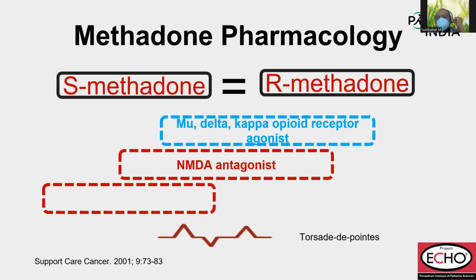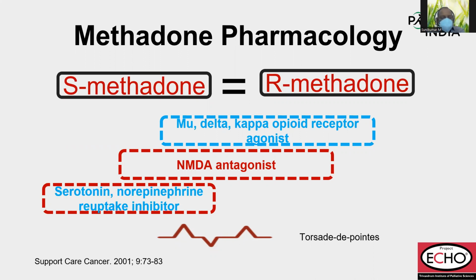And it is also an NMDA antagonist. So which is the NMDA antagonist? Anybody? Ketamine. Yeah. So ketamine is the usual NMDA antagonist, which the anesthetists usually use. So methadone also has NMDA antagonistic property.